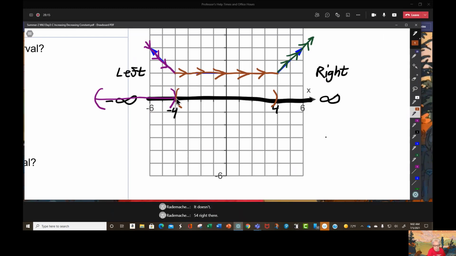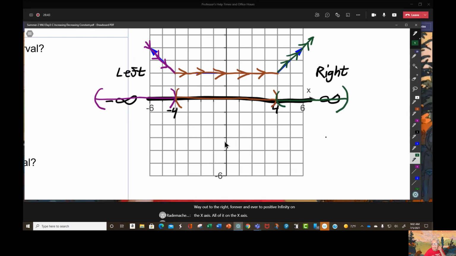Here we go. The graph is flat from -4 to +4. And the graph is going up from +4 way out to the right forever and ever to positive infinity on the x-axis.